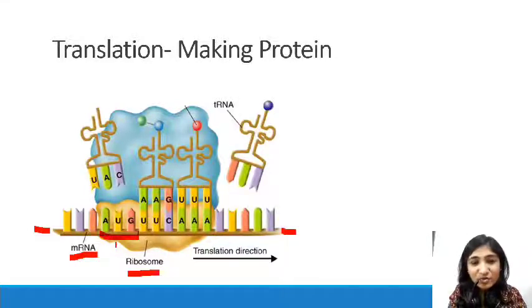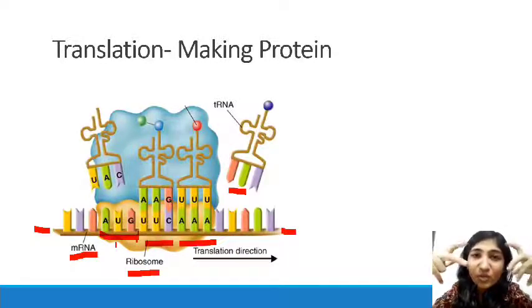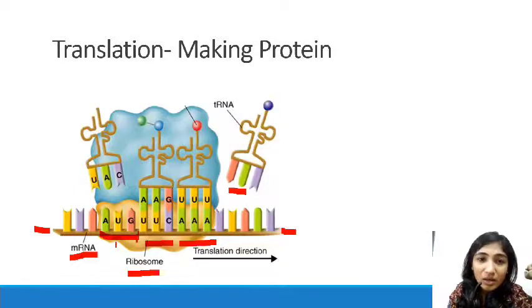Look at this, this is the translation direction. First, for AAA, tRNA has the anticodon UUU. For UUC, it is AAG. So it is attached, right? When the codon and anticodon are matched, the code is transferred, and according to that code, amino acids are brought there.